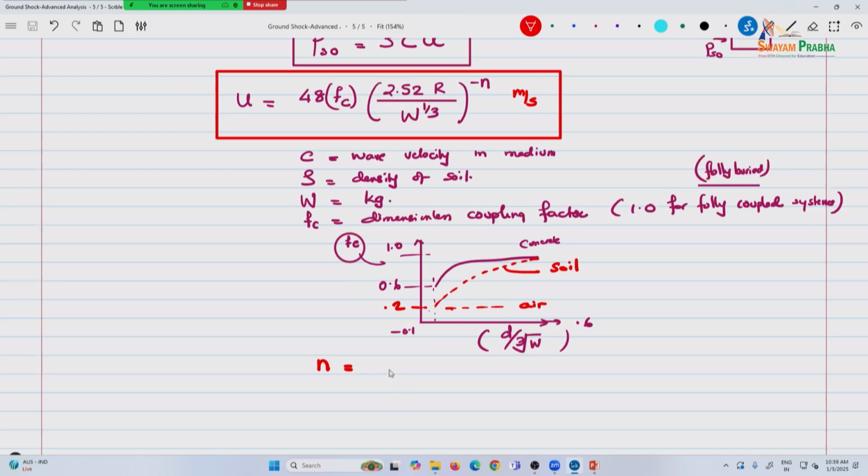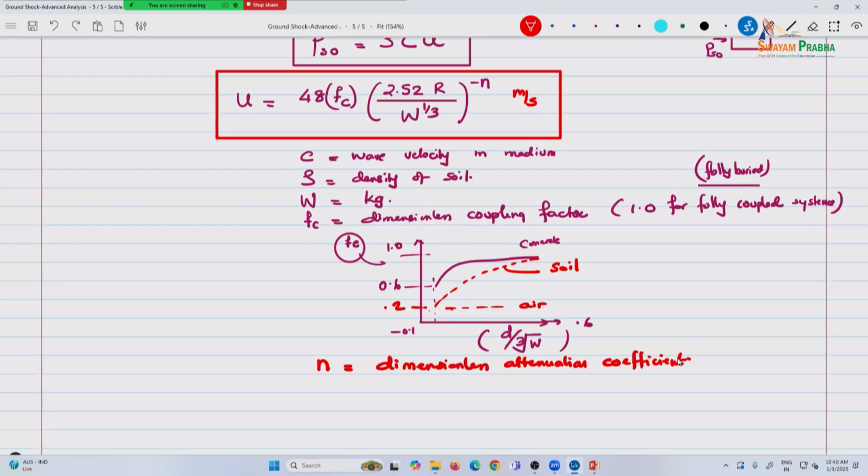N is a dimensionless attenuation coefficient. I will talk about N in a moment.